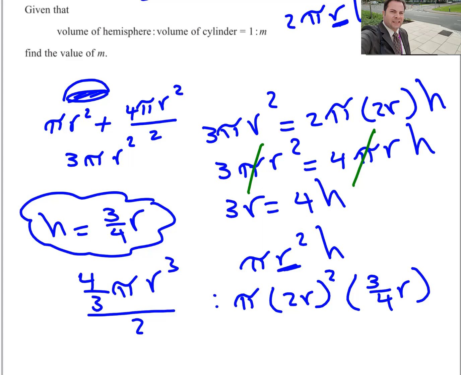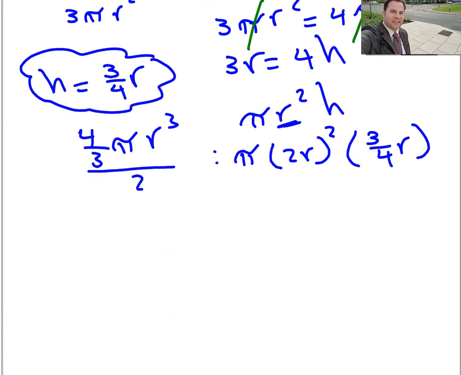Now if you simplify, 4 over 3 divided by 2 is 2 over 3 pi r cubed. Simplify, 2 squared is 4. 4 times 3 over 4, the answer is 3. r times r squared, so pi r squared, and r will be r to the power of 3.